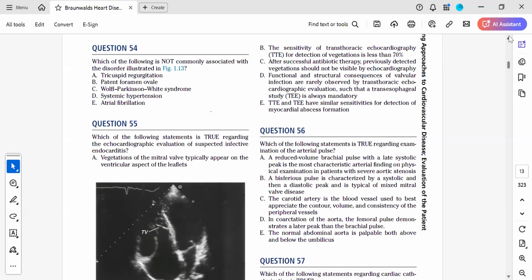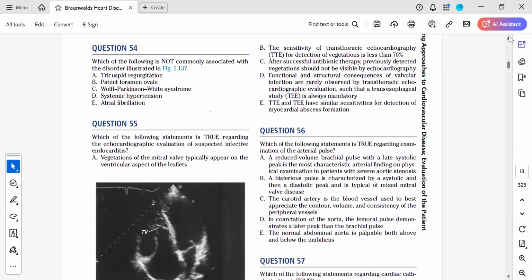So this option is true. C, after successful antibiotic therapy, previously detected vegetation should not be visible by echocardiography. This is false, if the vegetations still persist even after antibiotic treatment, they can still be visible.